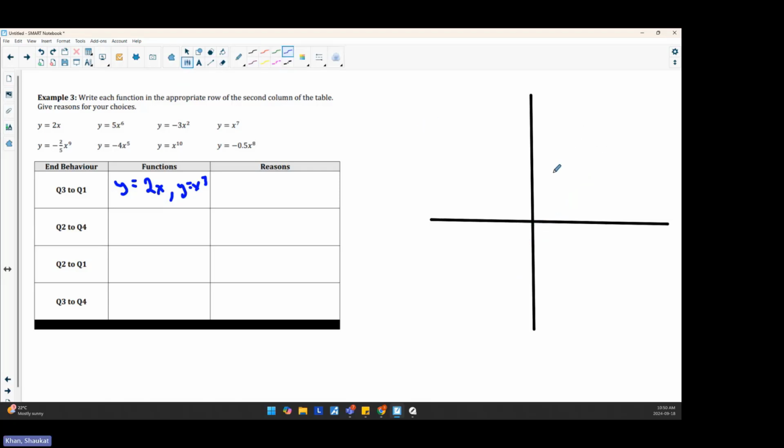Well, quadrant 2 is here, and quadrant 4 is here. So once again, it's going in opposite directions, like one's going up, one's going down. So it's going to be an odd degree again. And in this case, it's starting in this negative section and then going here.